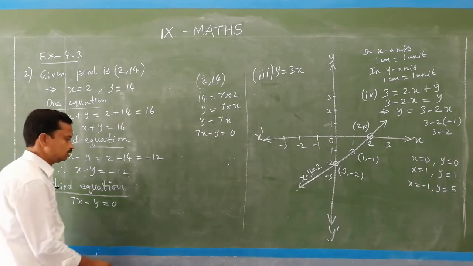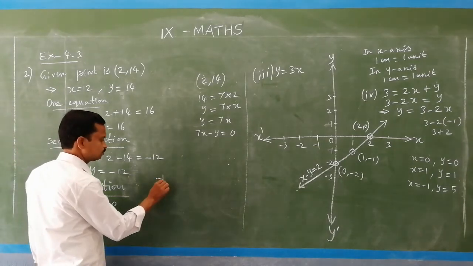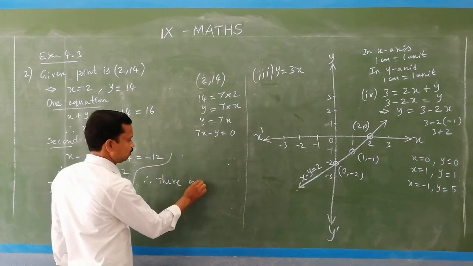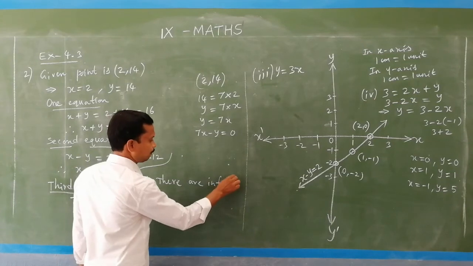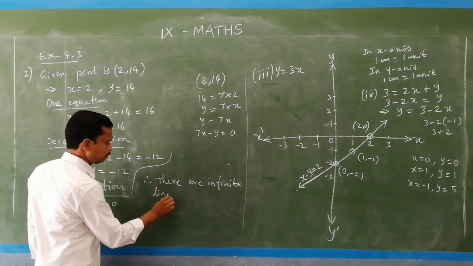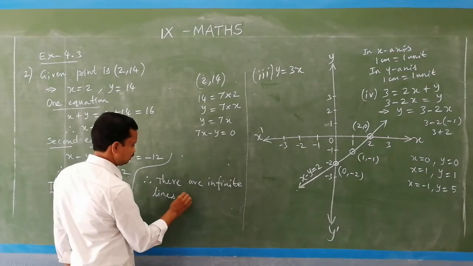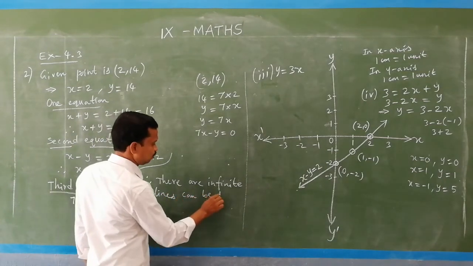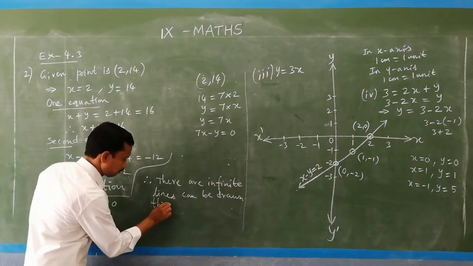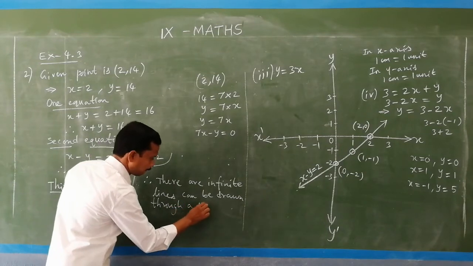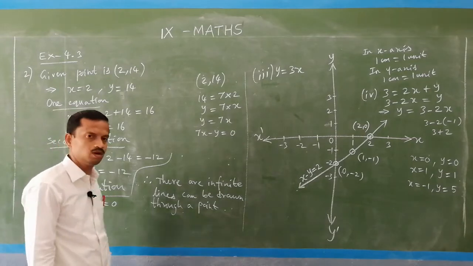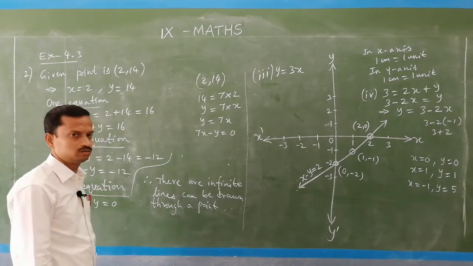So the answer you can give as: therefore, there are infinite lines that can be drawn through a point. That you know. Through a point we can draw infinite lines.